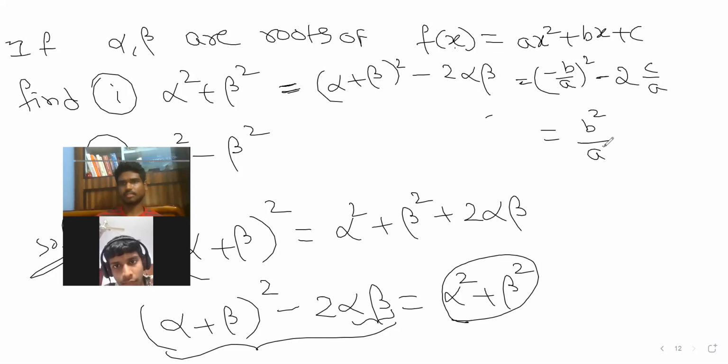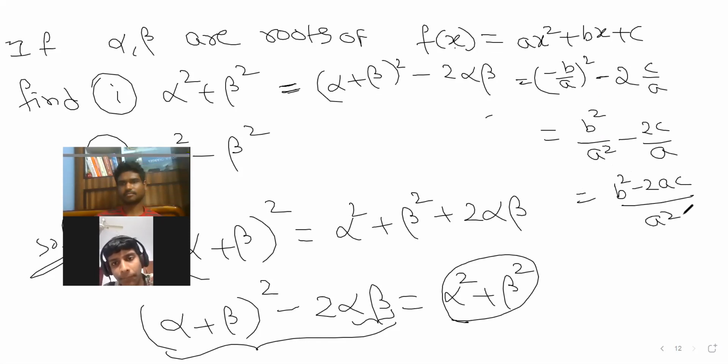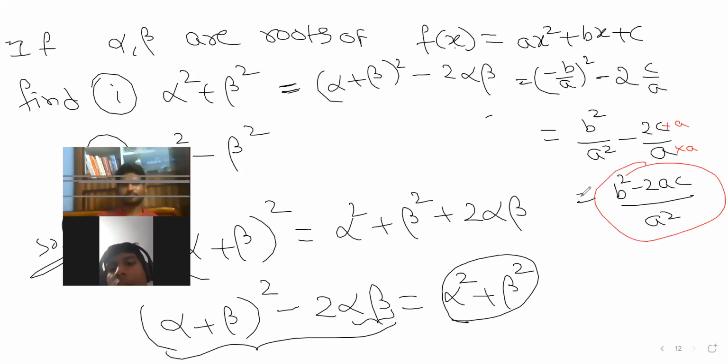That means b square by a square minus 2c by a. Taking the LCM, multiplying by a, it is b square minus 2ac by a square. That's it. This is the answer.